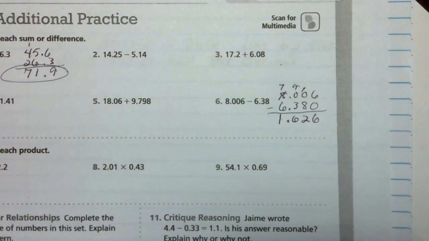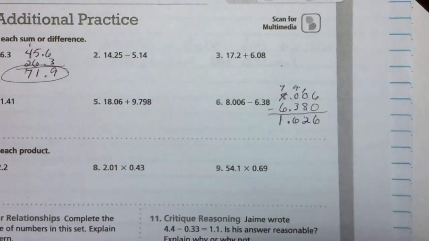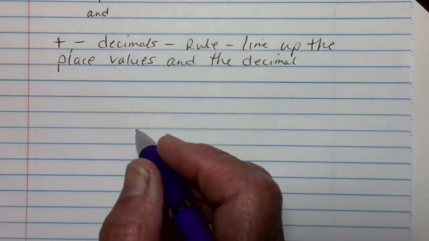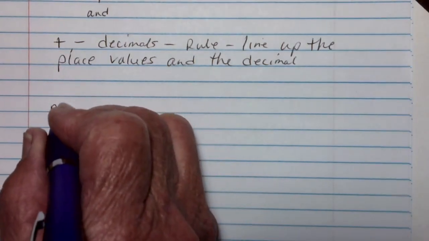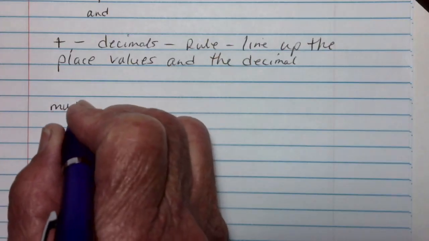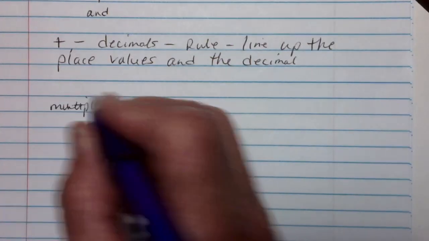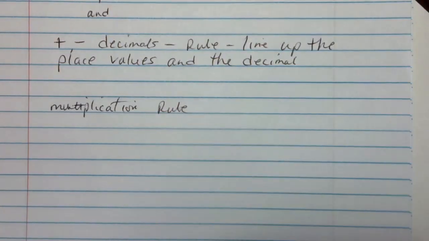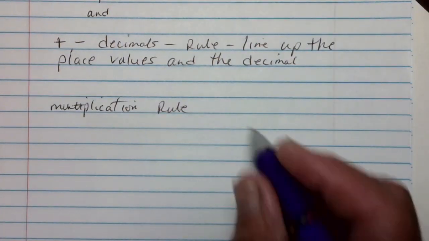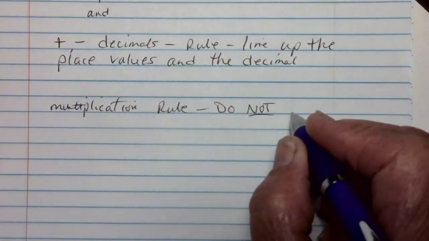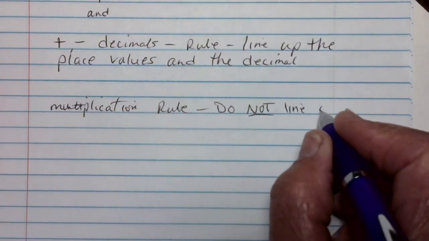Okay. Now, rule for multiplication. Go back to your little notebook, and we're going to talk about multiplying. We want the multiplication rule. Well, let's see. We're not going to line up decimals, so I'm going to put do not line up the decimals.